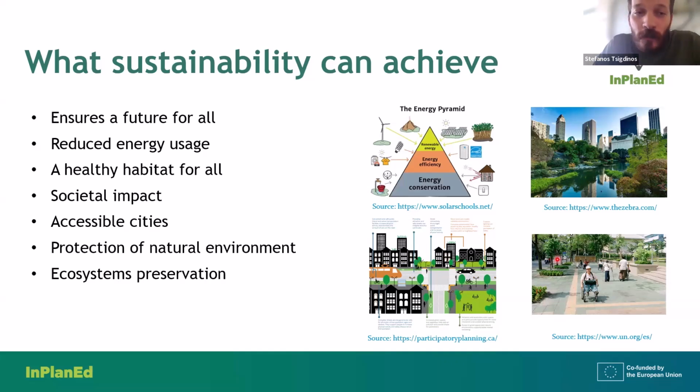And of course, protect our ecosystems and the natural environment. These are very important things that we can achieve, and we have to achieve them. It's not an option anymore. Sustainability should and must be promoted.